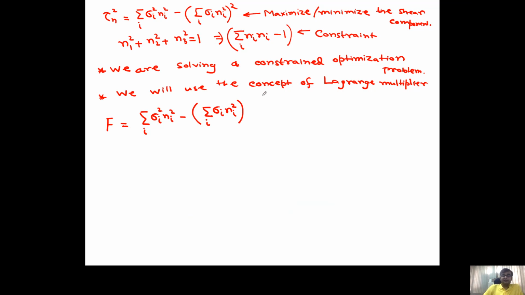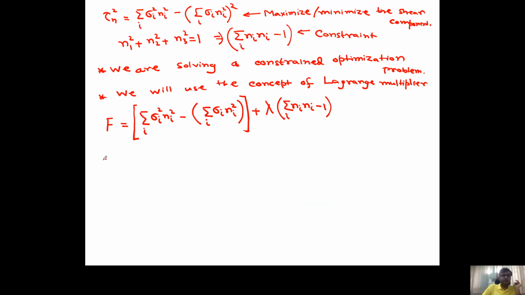And then we have our Lagrange multiplier and our constraint, right? So this is the actual objective function, make no mistake about it. This is now my effective objective function, and this is what I want to minimize or maximize.